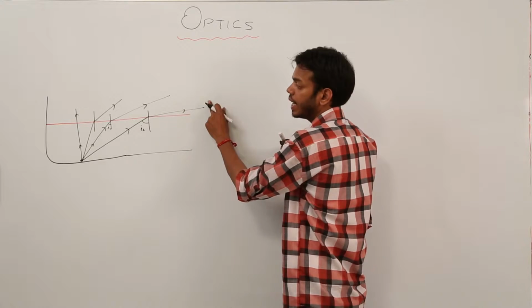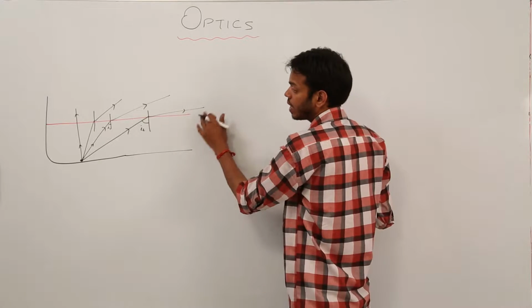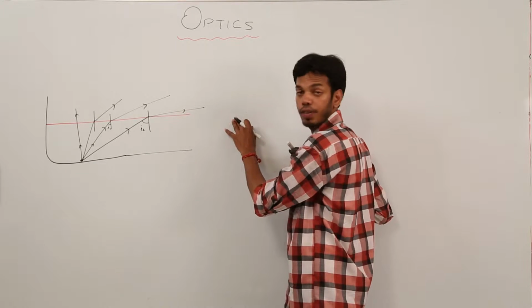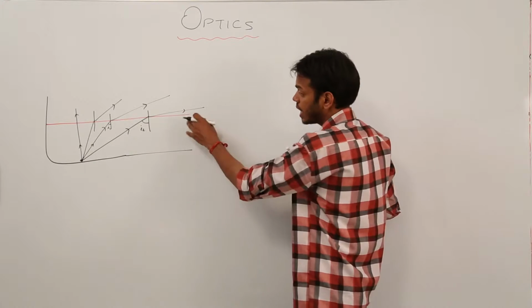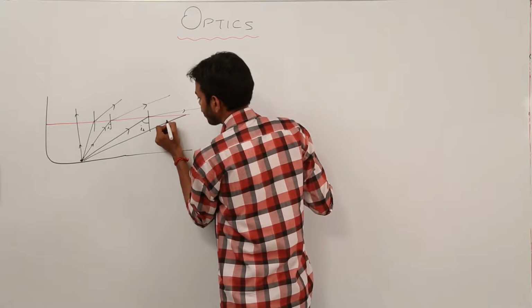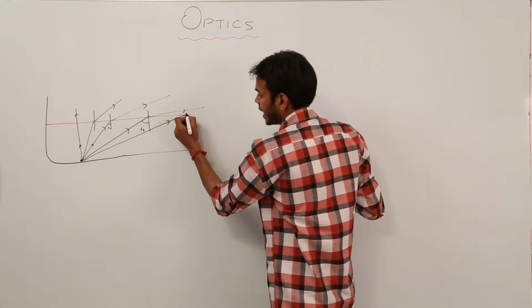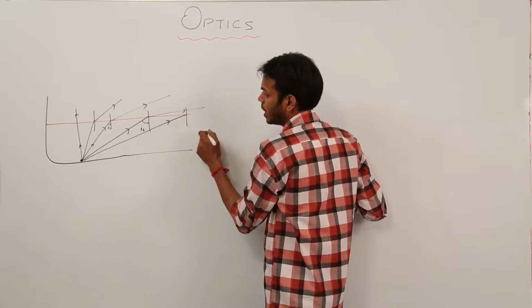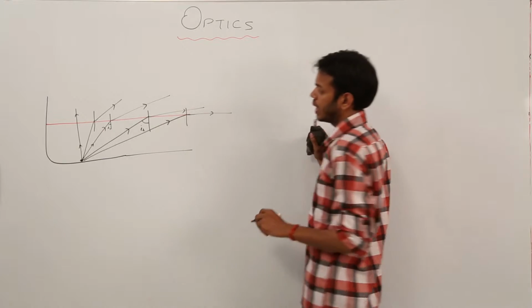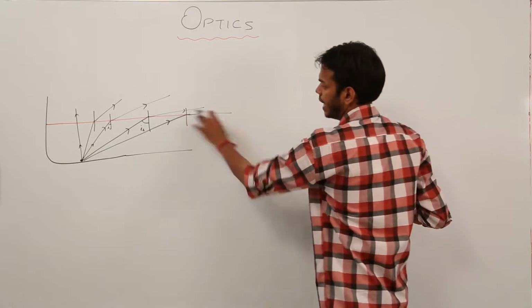The refracted ray at a stage will go exactly along the interface, along this surface where the interface is present, and that particular angle is called the critical angle, where bending is so much that the refracted ray appears to go along the interface.